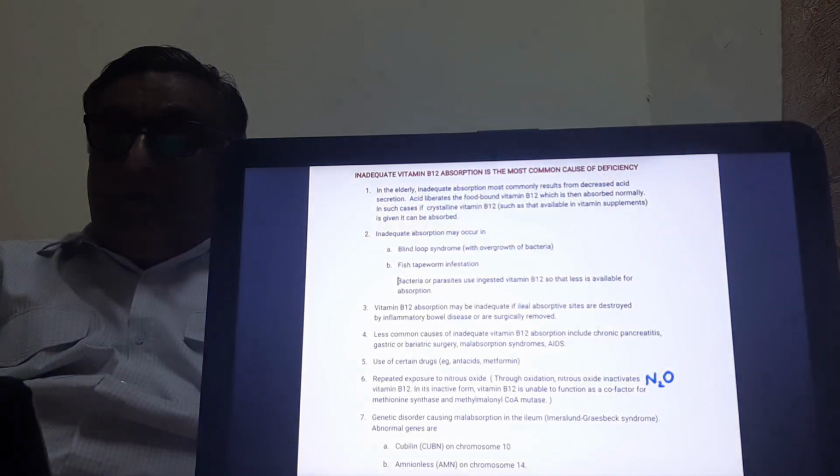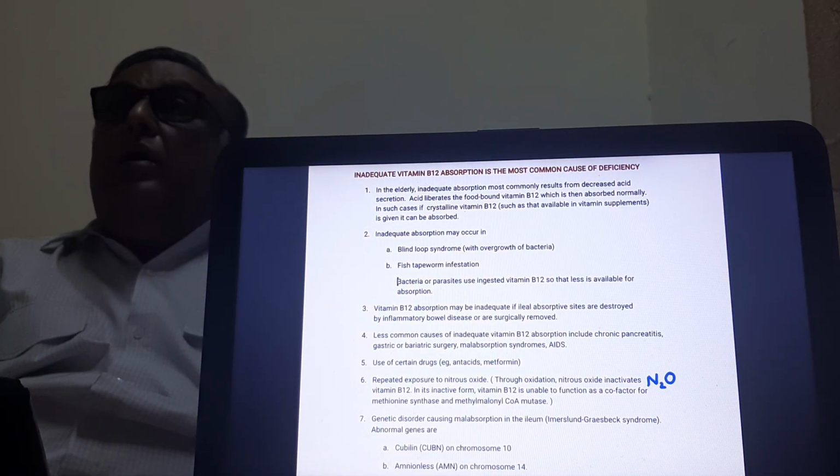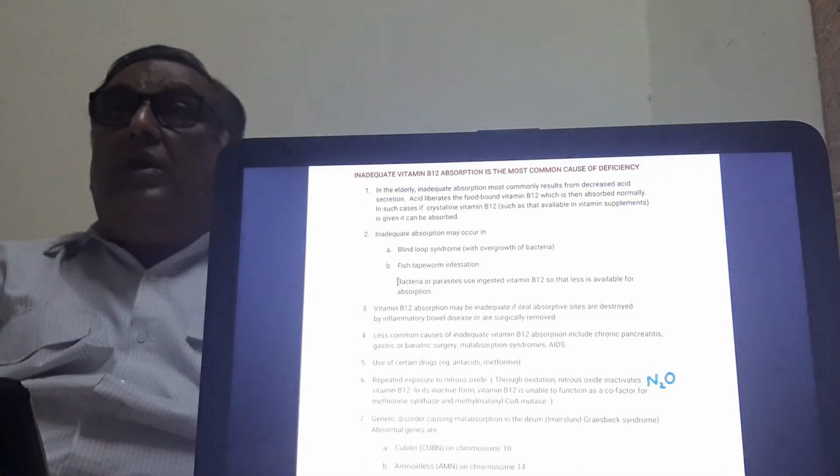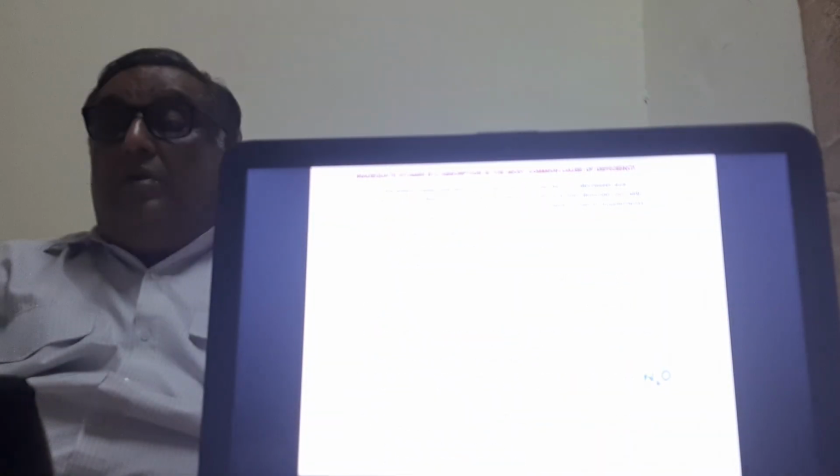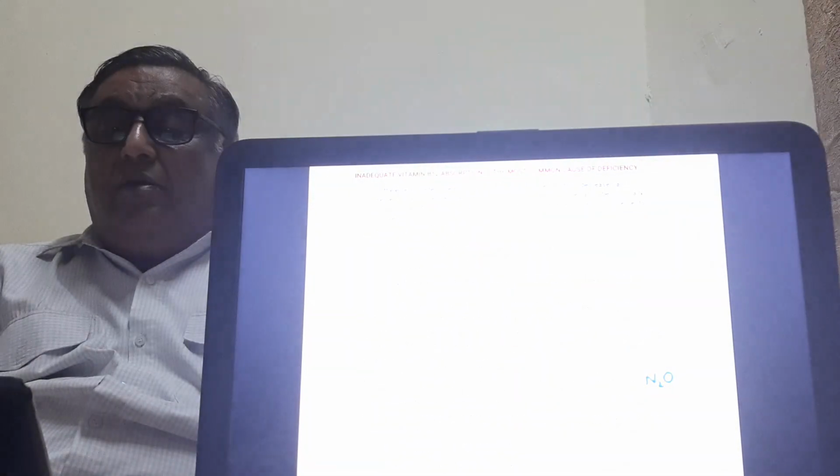So therefore, if the acidity is not proper, then vitamin B12 may not be absorbed for that reason. In the elderly, this is the reason, because they lose their capacity to produce acid considerably.